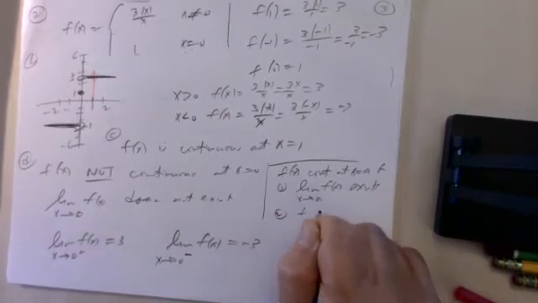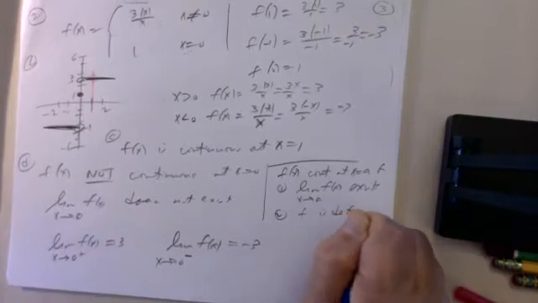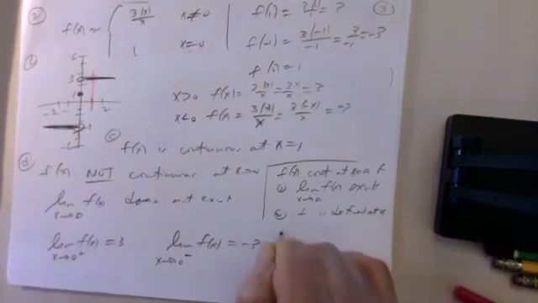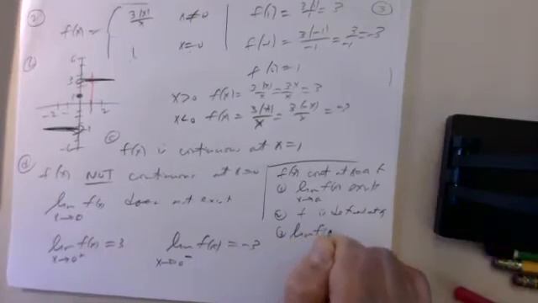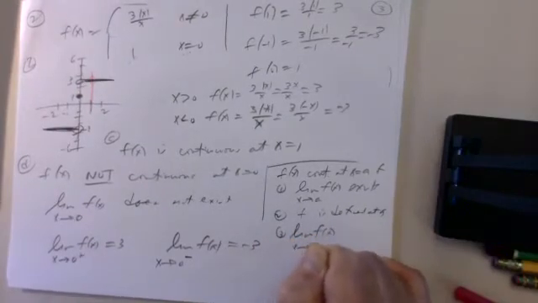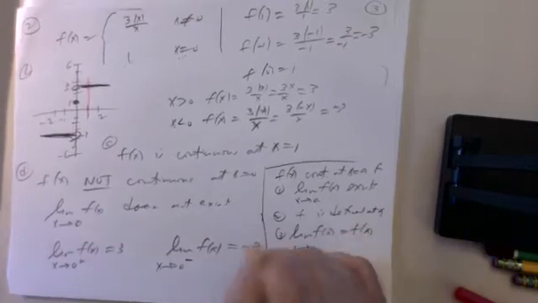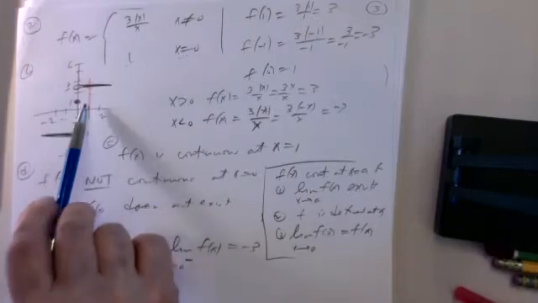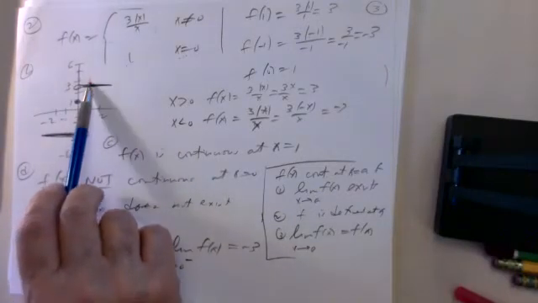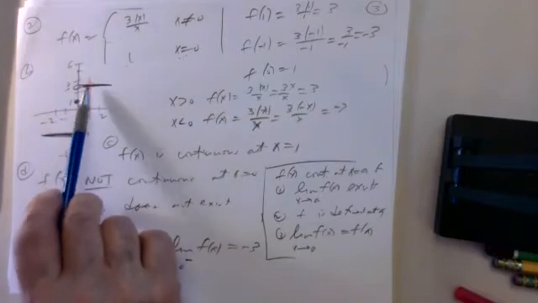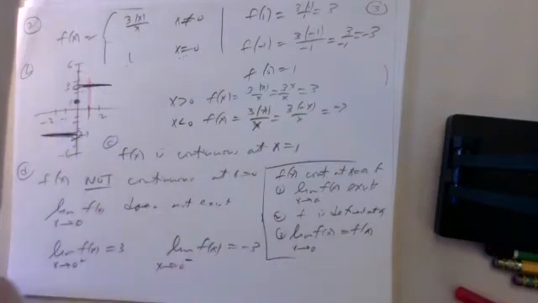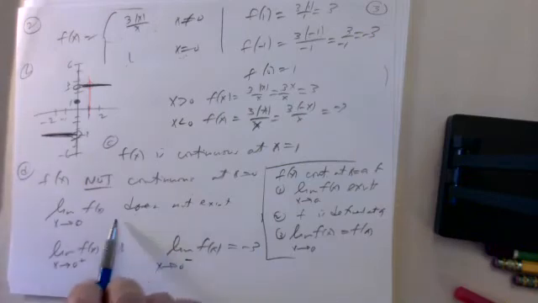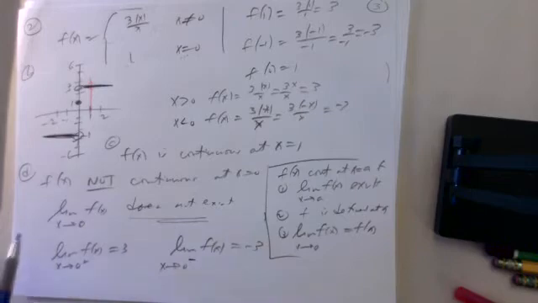Second, f is defined at a. And third, the limit of f of x as x approaches a is equal to the value of the function at a. So the limit as x approaches 1 exists. The value of the function is 3 at 1. And the limit as x approaches 1 is 3. So these 3 conditions are satisfied. For D, the limit does not exist. So that condition fails and the function is not continuous.